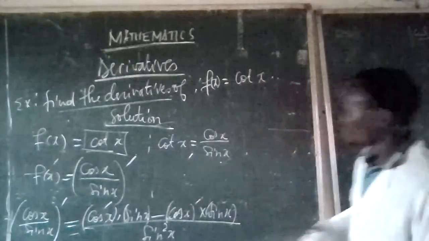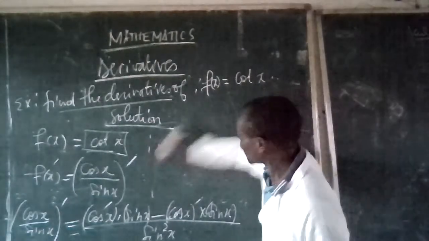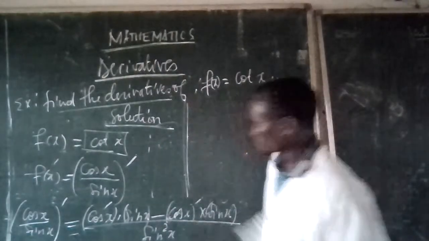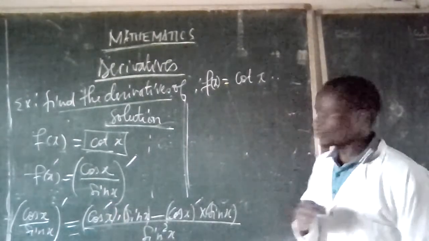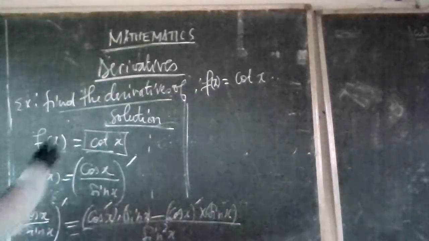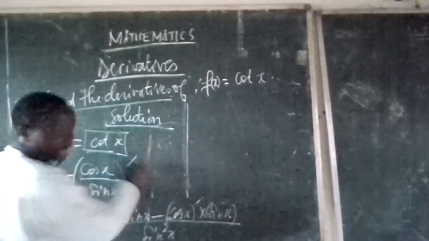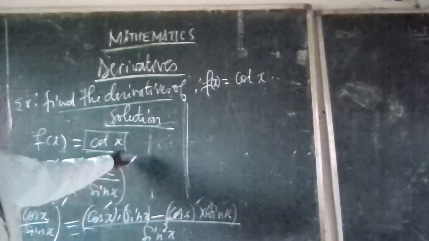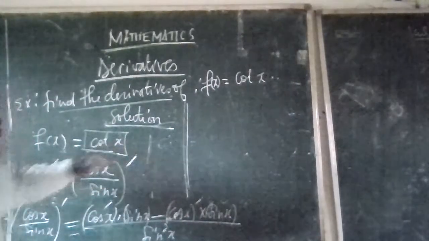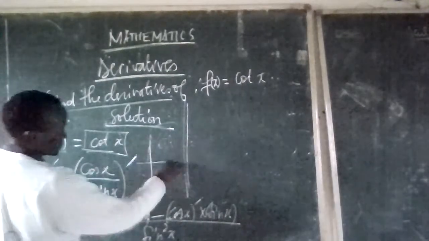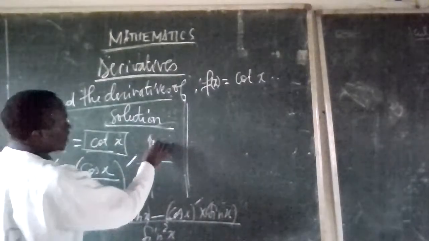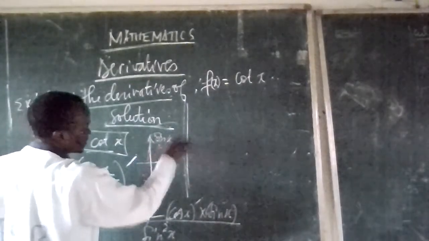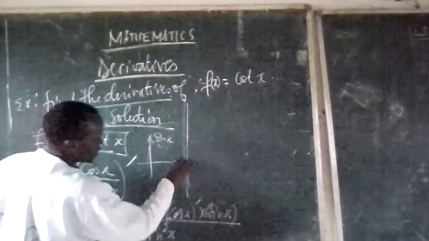Now let us continue. Cosine x derivative, as I told you, I have just showed you how we find the derivative of any type of trigonometric ratios by using the Cartesian plane. Here on the vertical axis we have sine x, on the horizontal one we have cosine x.